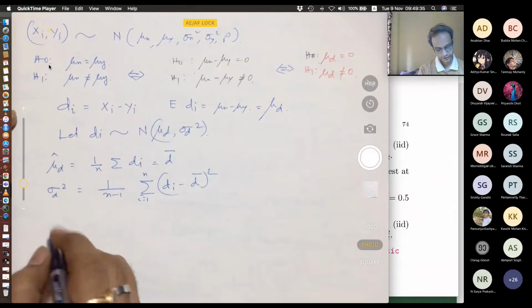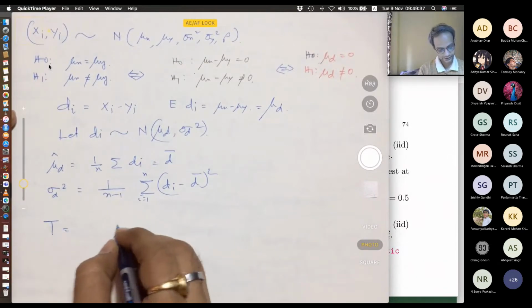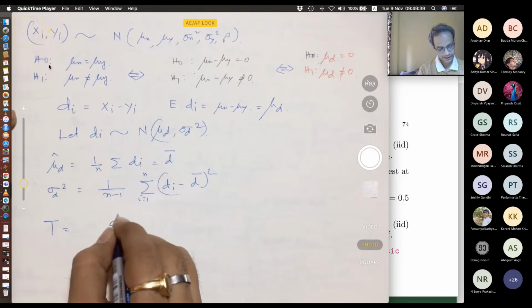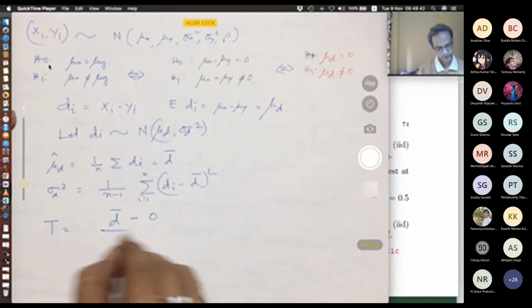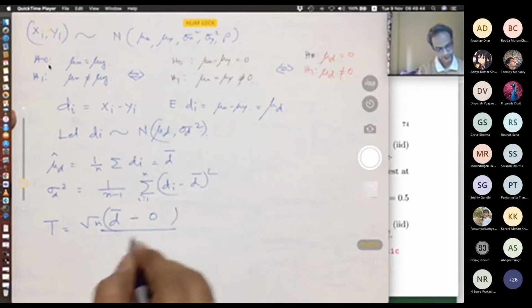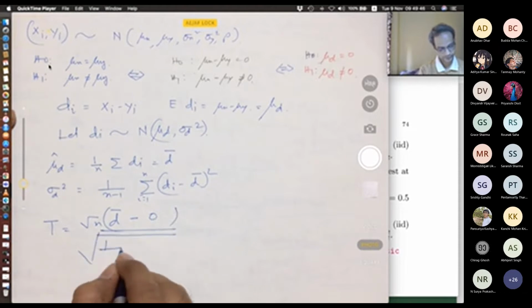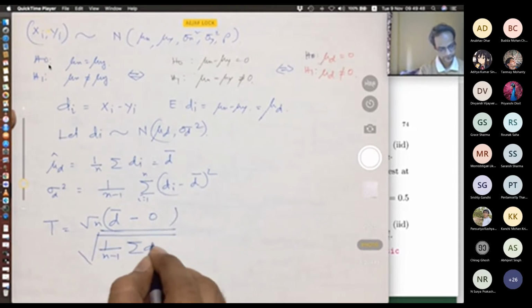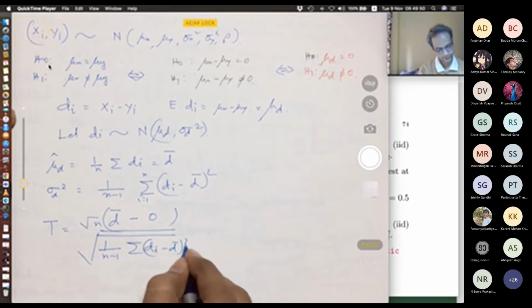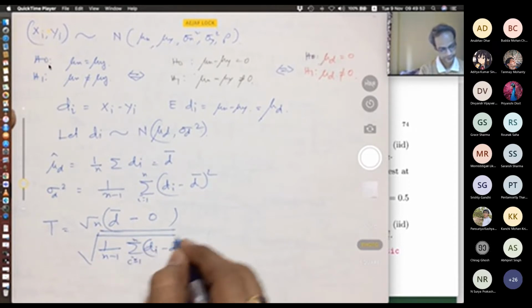Okay, so the t statistic is d bar minus 0, root n times square root of 1 by n minus 1 sum over di minus d bar whole square, i running from 1 to n.